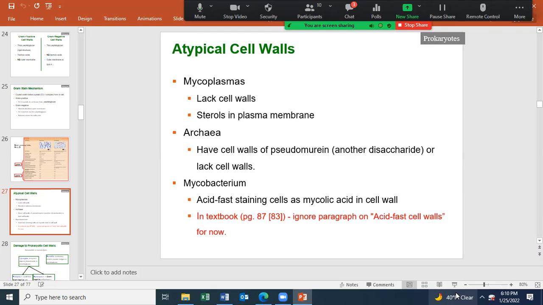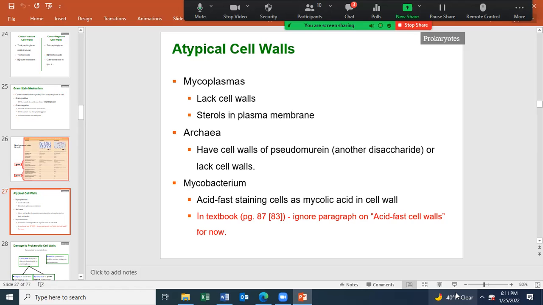But recall that they have no cell walls, and they are a genus of bacteria. And they usually are pleomorphic because they take on different shapes, because they have no cell wall, which gives the cell its structure, its shape.